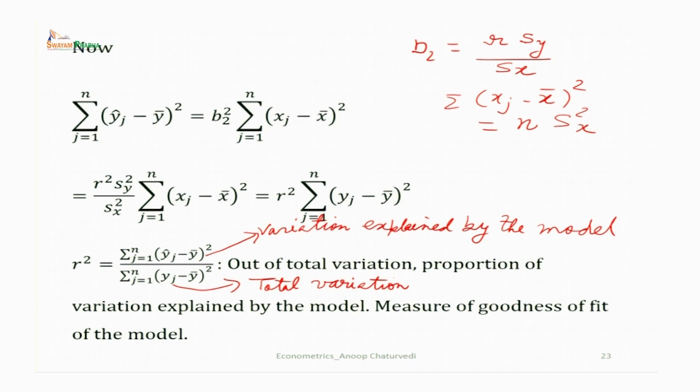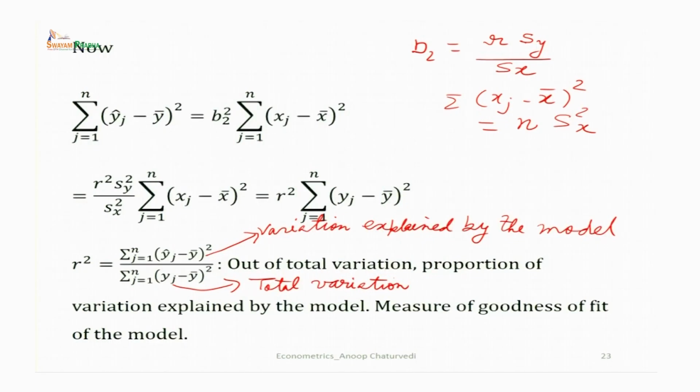And since you are able to explain most of the variation in y on the basis of x, your x is a good predictor for y, or your regression line provides a good predicted value of y. So, it is a good regression. So, you may consider r squared as a measure of goodness of the model.